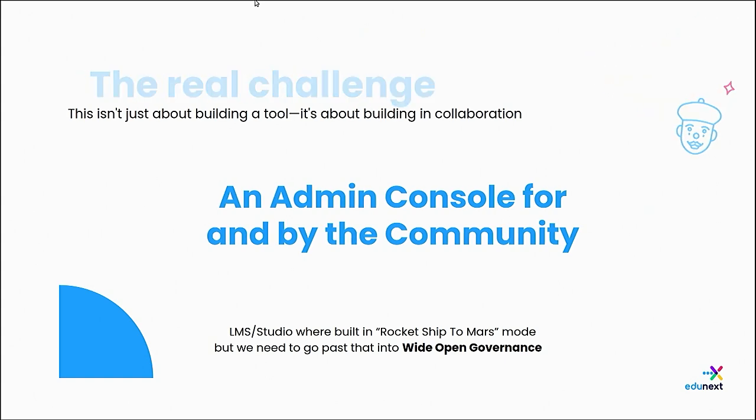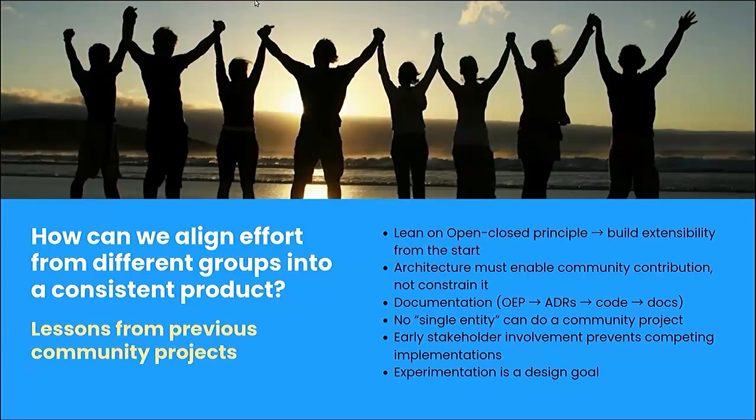So we started on this, and we made some proposals, and then we realized that we needed to learn from the projects that have been successful in the past. And the question was, how can we align the efforts from all the groups that will be working here, universities, governments, other providers, and whatnot, to figure this out?